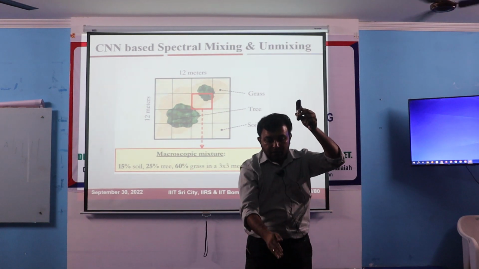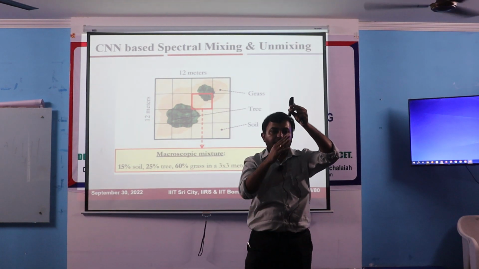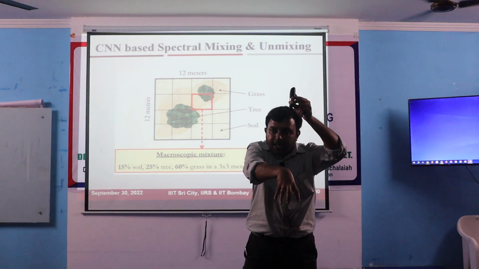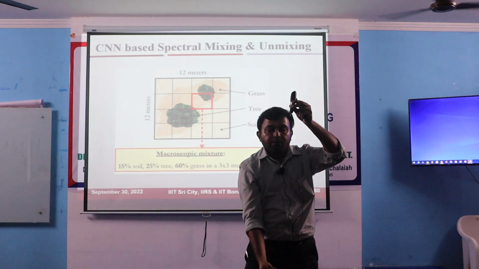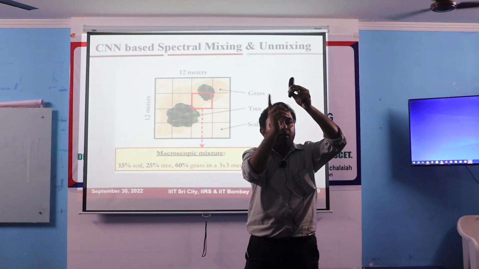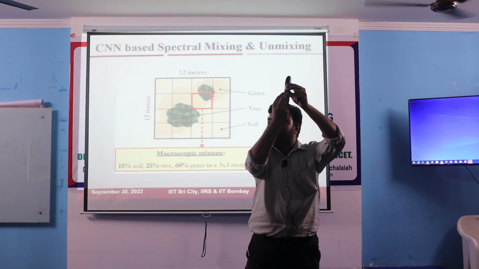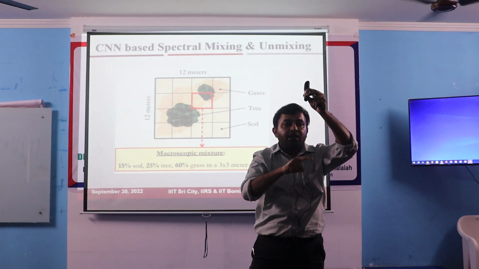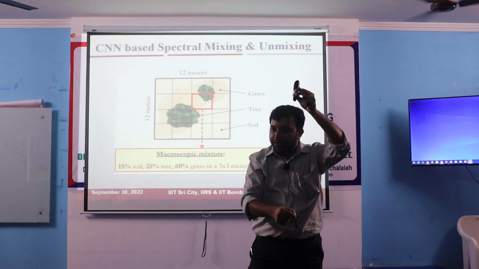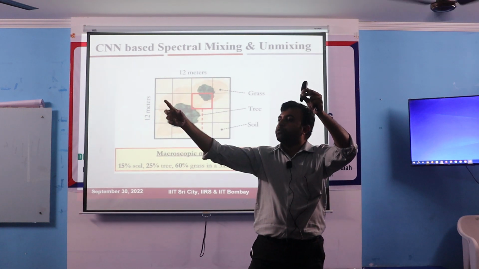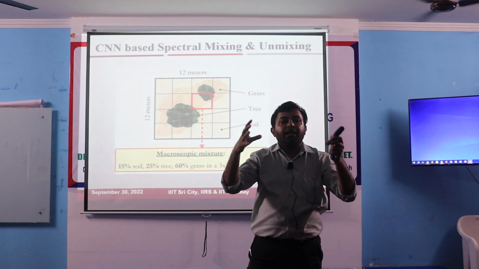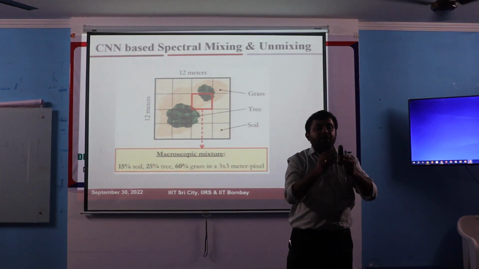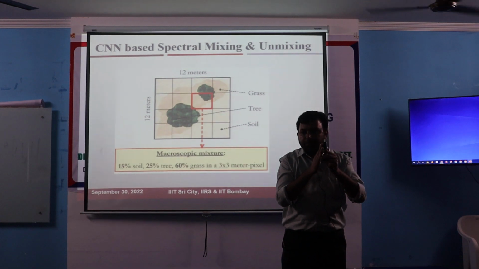So you have the reflected rays from material 1 and the reflected rays from material 2. Since I have more than one material in that instantaneous field of view, both of these get combined together and are received at this sensor. So I have alpha 1 times the reflectance of material 1 plus alpha 2 times the reflectance of material 2. They combine together to give me one spectra received at this sensor.